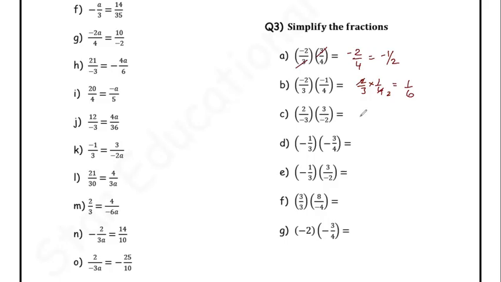Again, negative negative cancels and gives you positive. So this 2 2 goes, this 3 3 goes, you got 1 as the answer. Negative negative cancels, 3 3 goes, you got 1 by 4 as the answer. 3 3 goes, negative negative goes, so you got half as the answer.